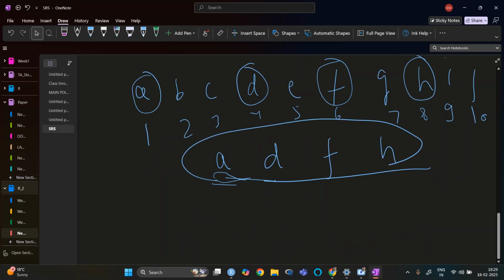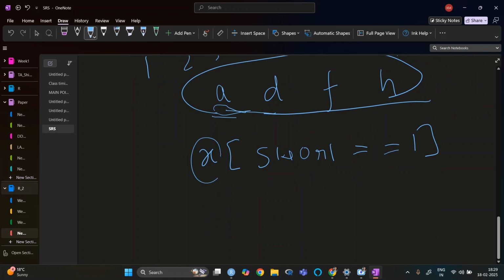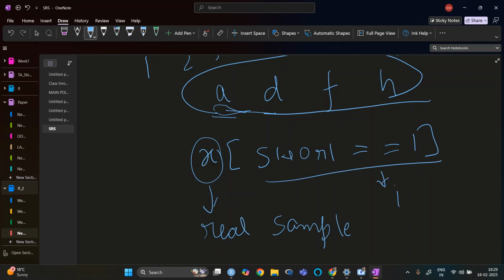So what we are saying is that x, when SWOR1 equal to 1, means x is our real sample, and this one will give us indices.